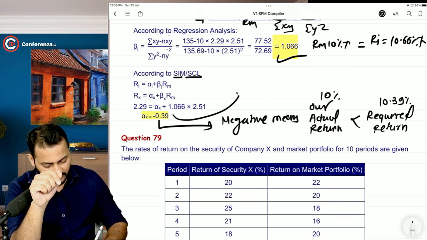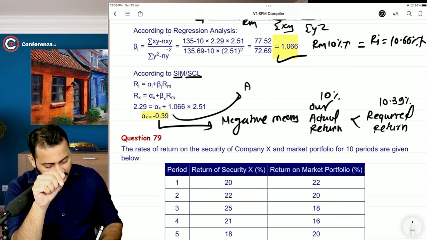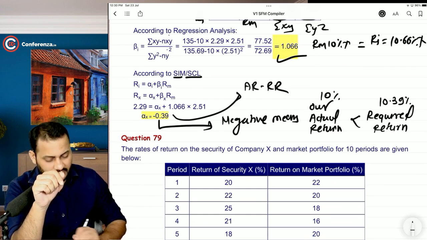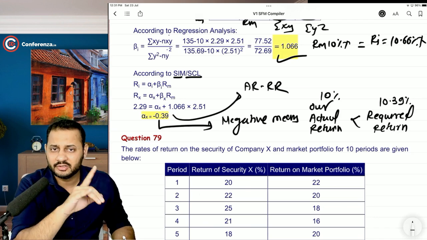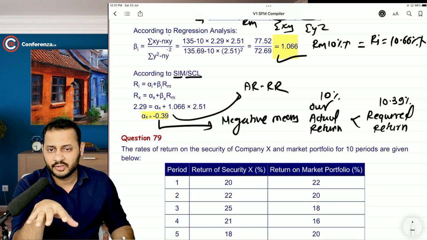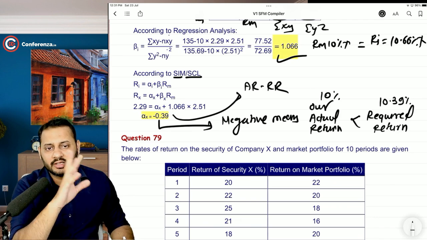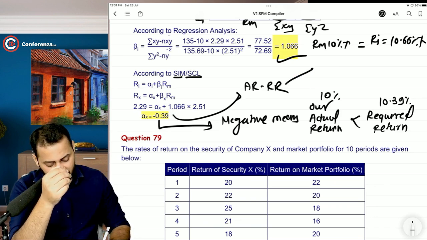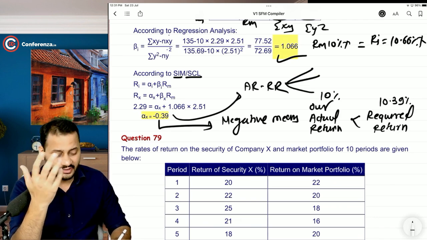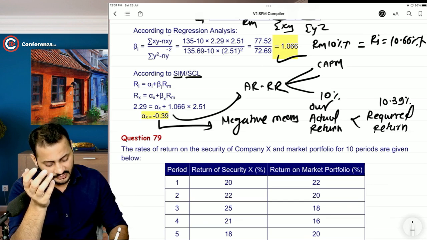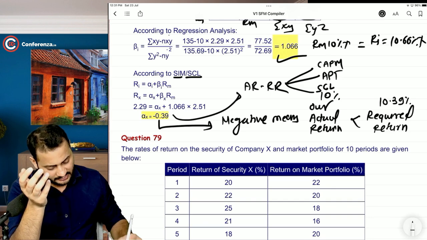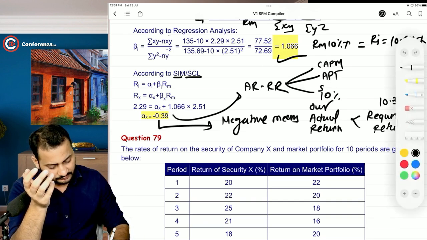The other way of calculating alpha is actual return minus required return. Required return can be calculated through the CAPM method, but not in this case. The required return can be calculated using different theories. One is CAPM, second is APT, third is the securities characteristic line or single index model.